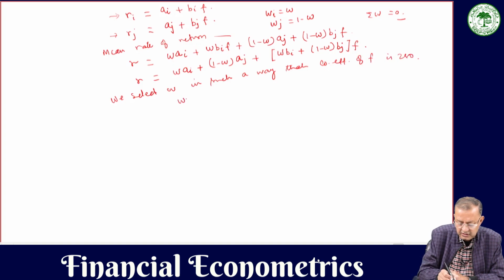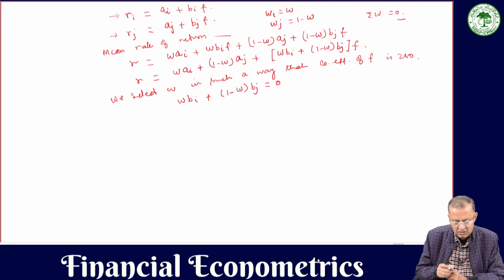This means W Bi plus 1 minus W Bj is equal to 0.